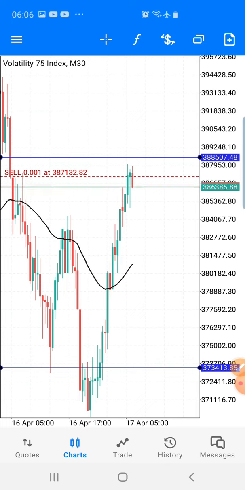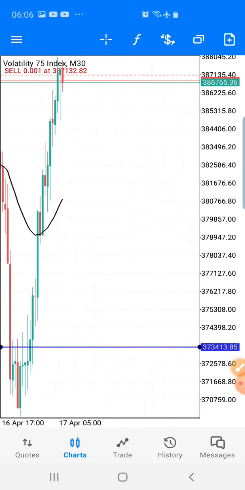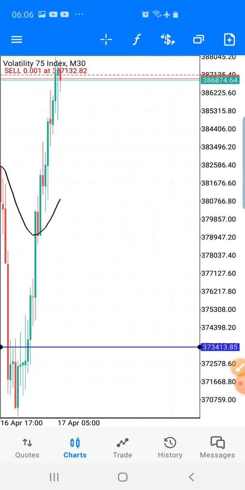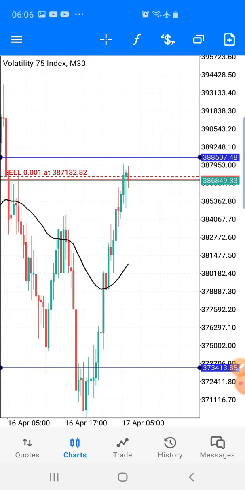That's a very great risk reward right here. That means if you are risking $10 here, you are targeting $130. If you are risking 20, you just multiply it by 13 and you will see how massive this entry can be, helping you become more profitable while risking a small amount of money out of your account.